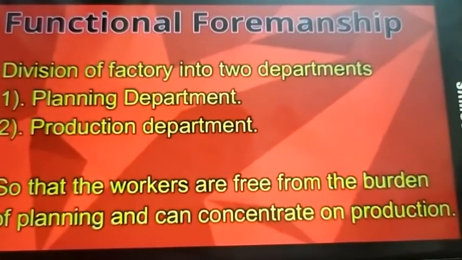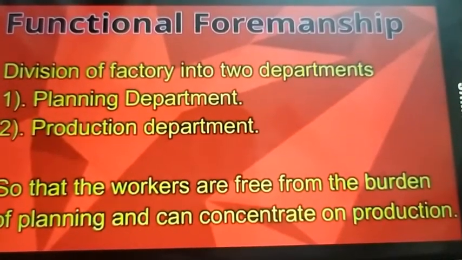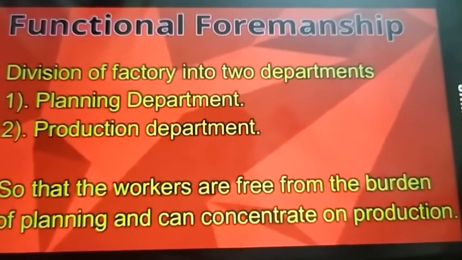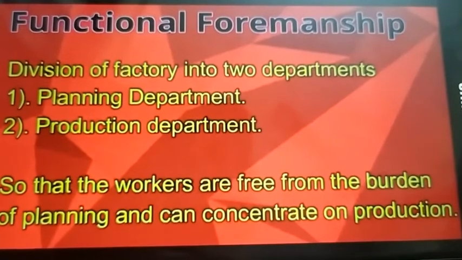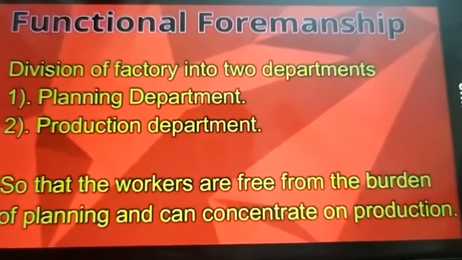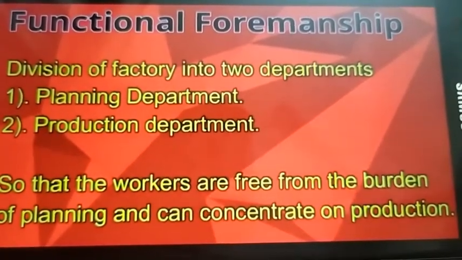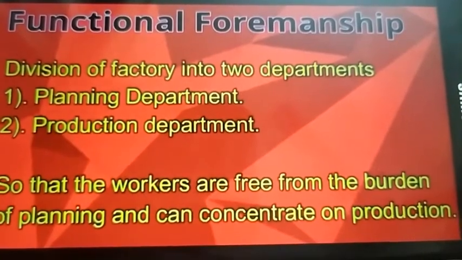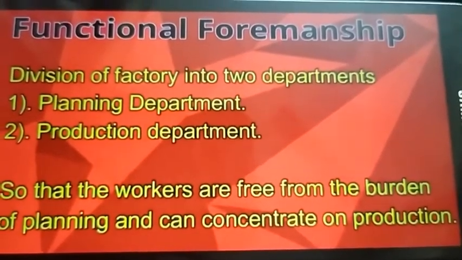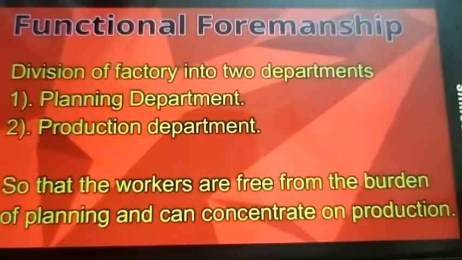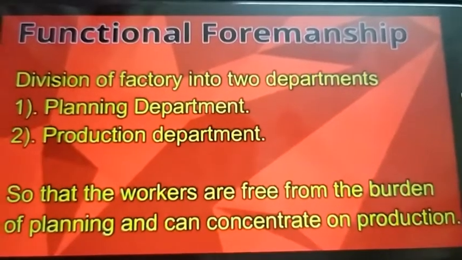Dividing the factory into 2 departments will free the workers from the burden of planning so they can concentrate on production. That means the supervisors in the planning department will focus only on planning work, and those in the production department can focus on production work.